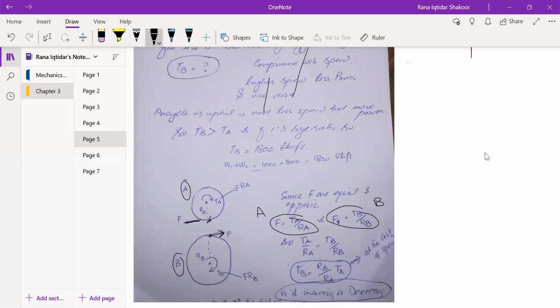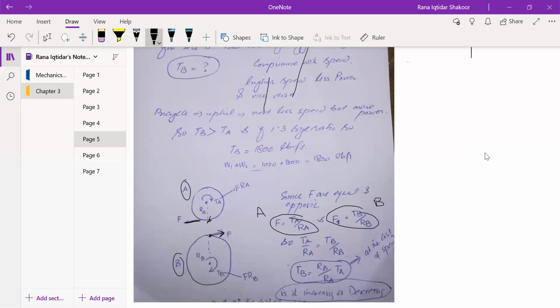So is it increasing or decreasing? TB should be greater than TA or less than TA? Obviously, since this gear is larger in size, the torque should definitely increase when the torque is transmitted from A to B gear.